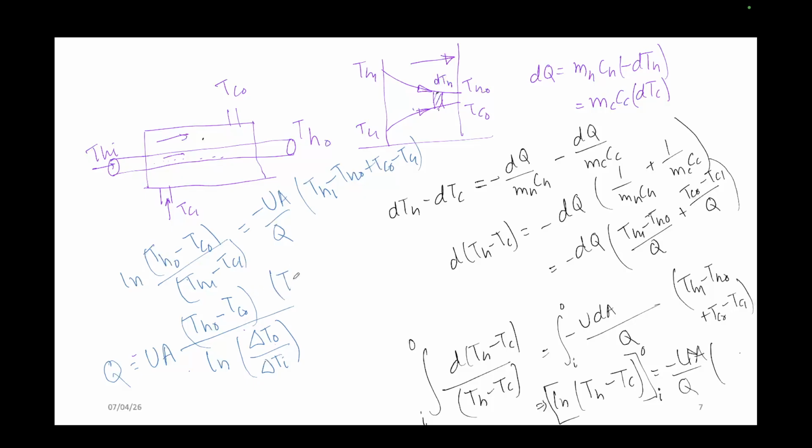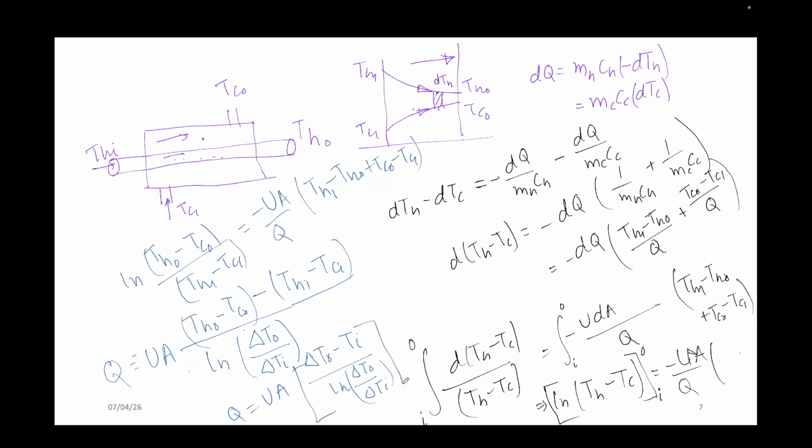So can I write Thi minus Tci, this is inlet, and this is outlet. That means Q equals UA into (del T outlet minus del T inlet) by ln (del T outlet by del T inlet). Okay.